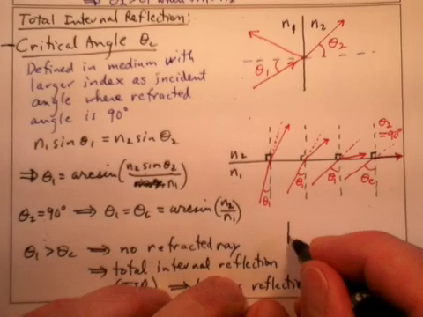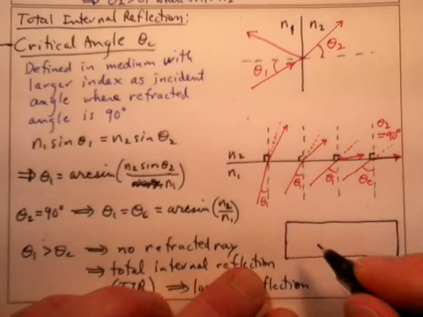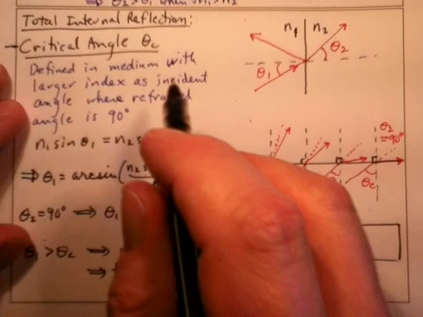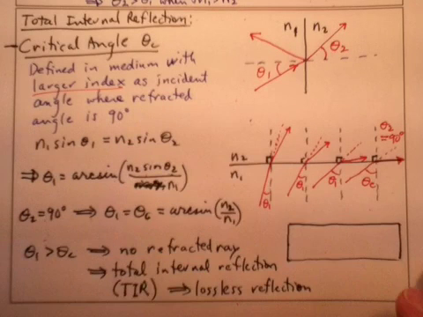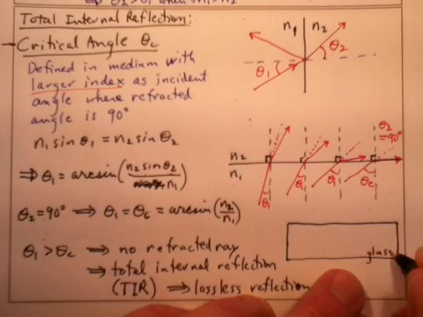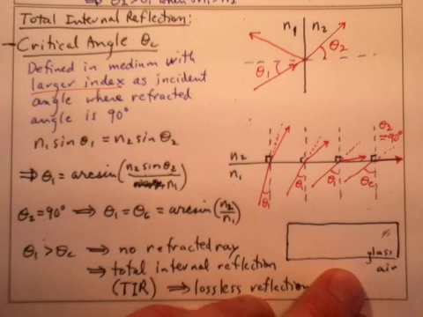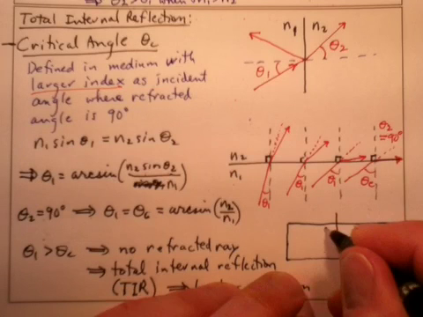Remember, this total internal reflection occurs, and the critical angle is defined, in the medium with the larger index. In other words, if you have a piece of glass immersed in air, then the total internal reflection will occur inside the glass.